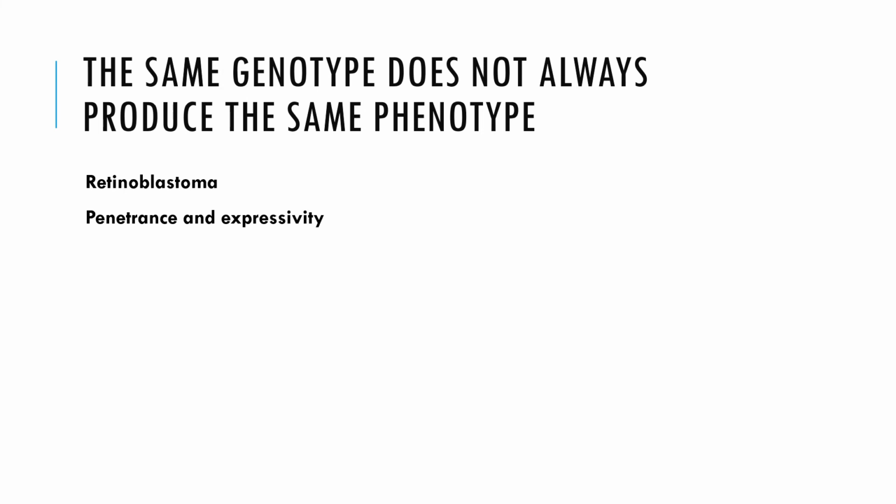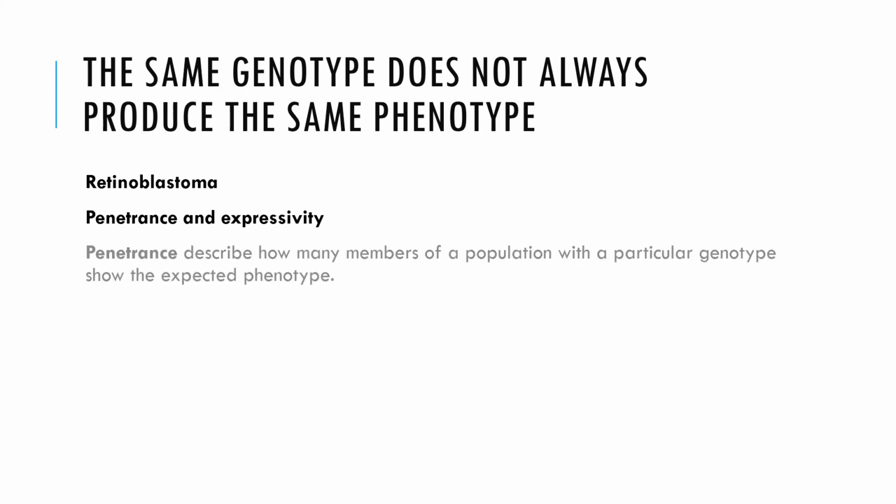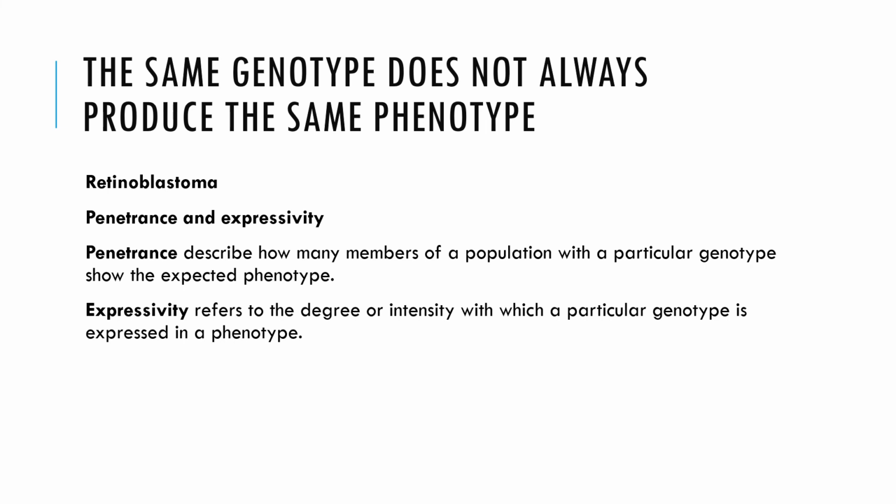Expressivity can be variable, as in retinoblastoma, or unvarying, as in pea color. As we will see, the incomplete penetrance and variable expressivity of retinoblastoma are the result of chance, but in other cases, it is modifier genes and/or the environment that causes such variations in the appearance of a trait.